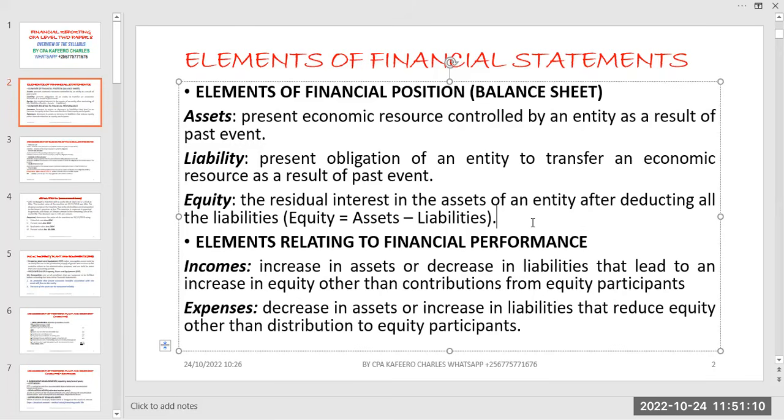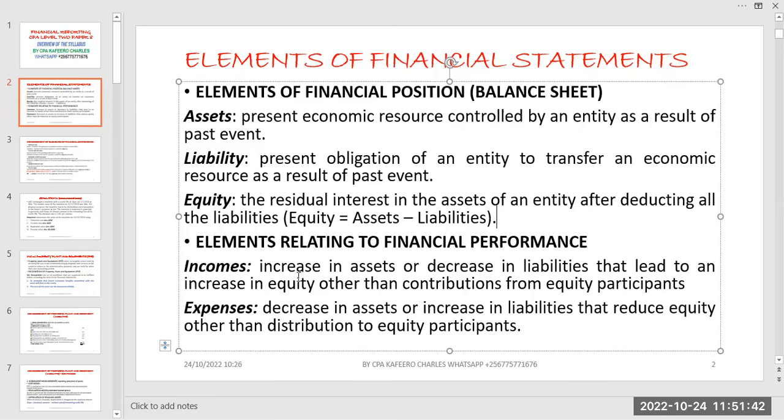We are saying that these are increases in assets or decreases in liabilities that lead to an increase in equity. When incomes are increasing, it means our net profit is increasing, and that is taken to the equity section within the balance sheet. So when we put a high net profit there, it means we are increasing our equity.